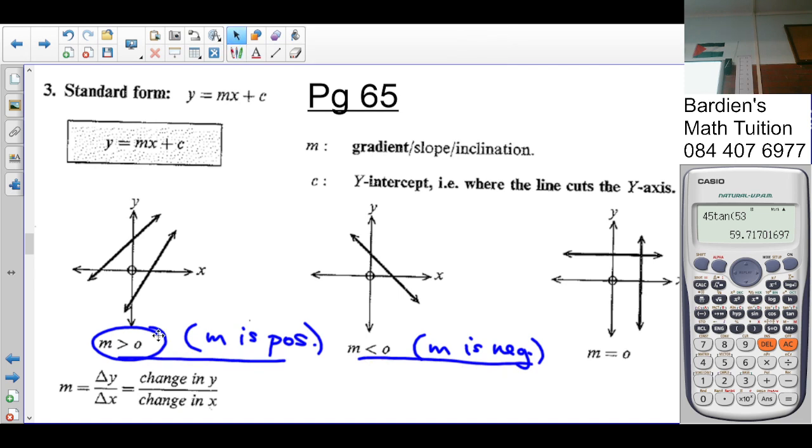And if m is equal to 0, one of those two occurs. The other one is actually where m is undefined, but for now just leave it as m is equal to 0. Then we see that m is delta y over delta x, or change in y over change in x. Yeah, just draw it roughly. There's a note I need you to make quickly before we go into the next part of the book.